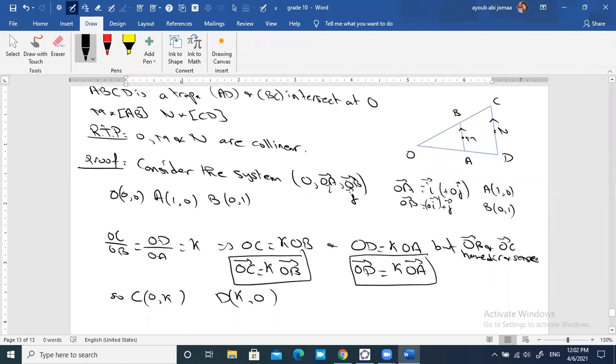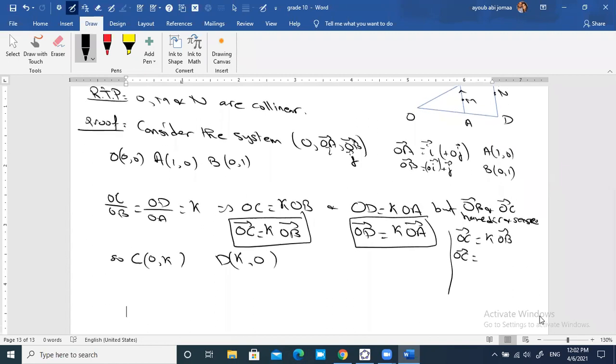Here OA is I and OB is J. Once you write OC is equal to KOB, that means OC is 0I plus KJ.